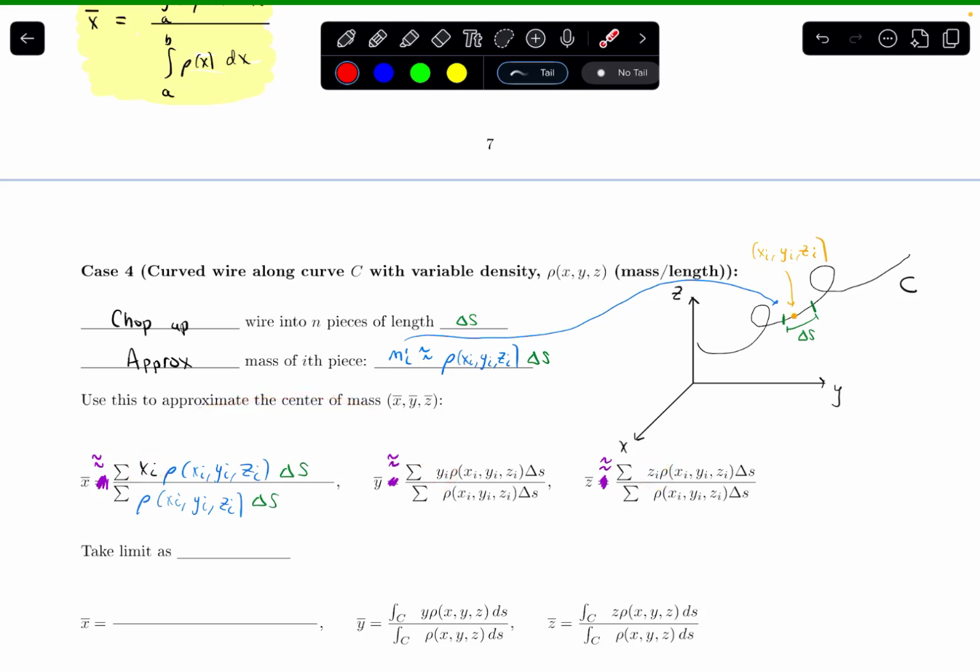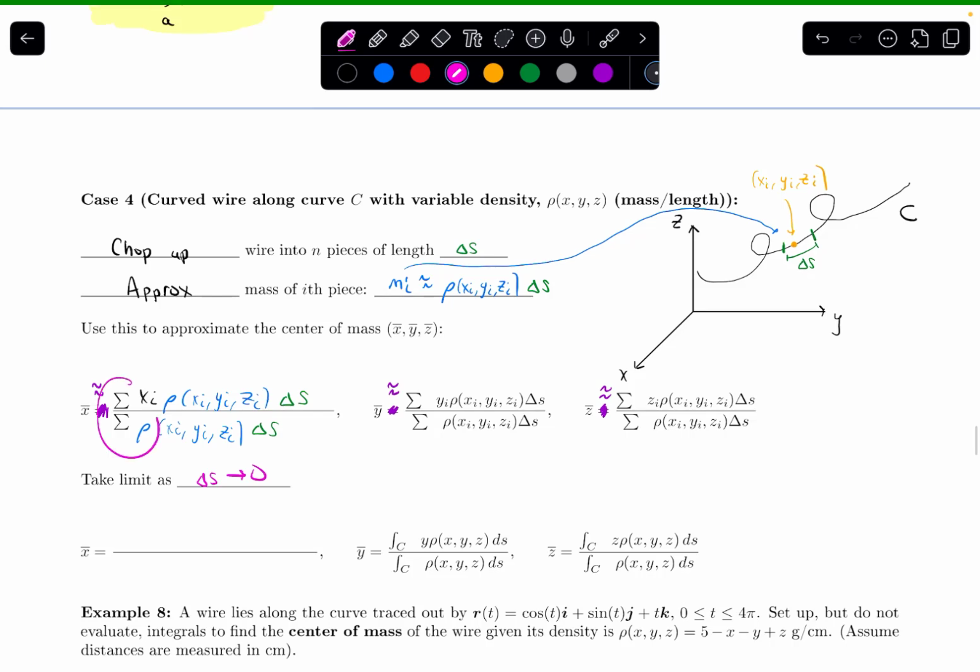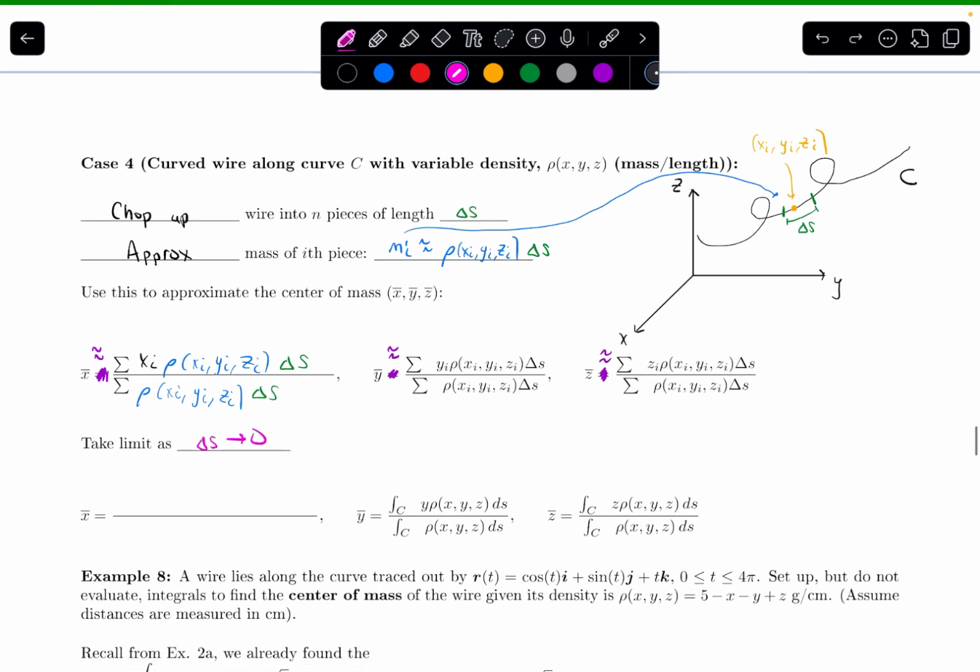So if I want to make this exact, now we take a limit as that length, delta s, approaches 0. And that'll change these sigmas into integrals. So for that x coordinate, this will be a line integral over my curve C. The xi changes to an x. And then I'll get my density, so the xi changes to an x, yi changes to y, zi changes to z.